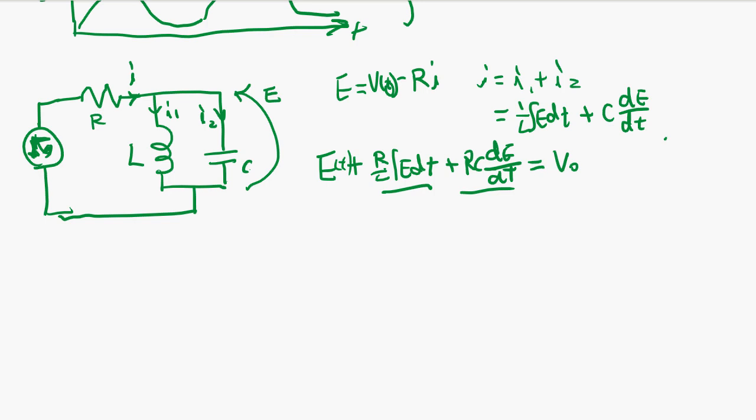The current together, so this I1, I2 total current is I, and this total current I, multiplied by R is going to give this voltage plus E. Okay, so this voltage plus E is going to be the total voltage. Okay, so let's take a Laplace transformation for this.